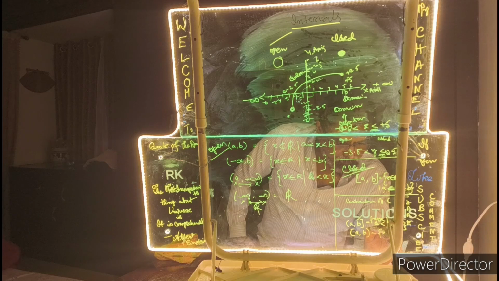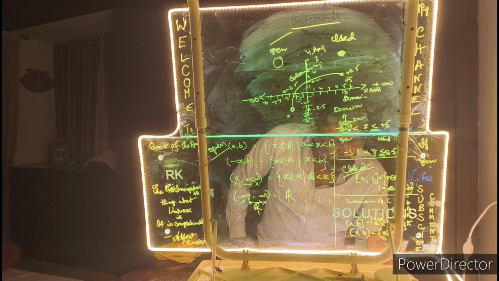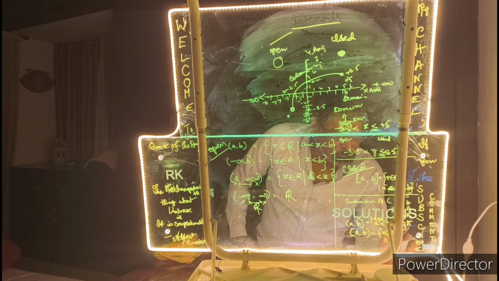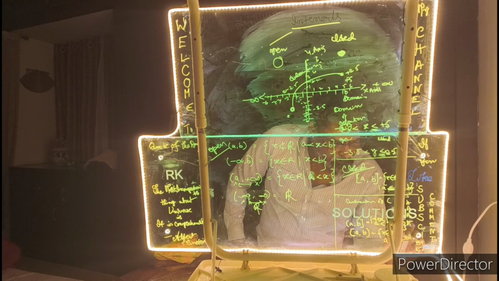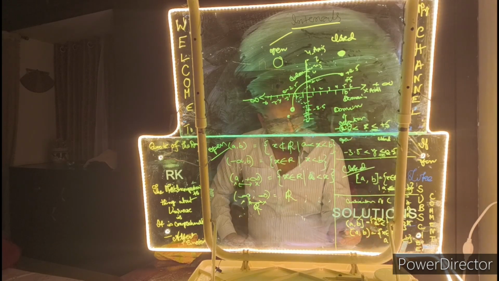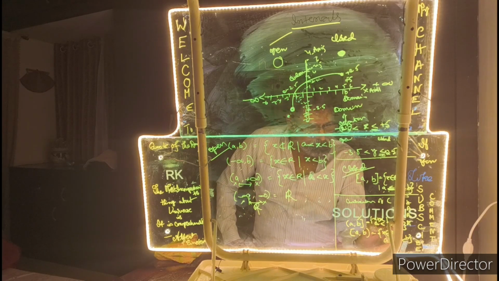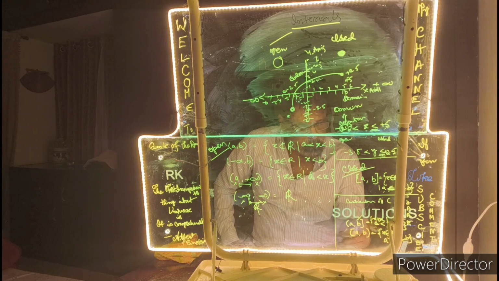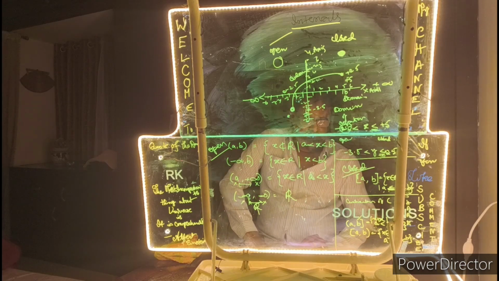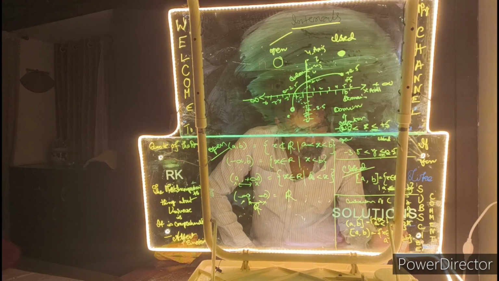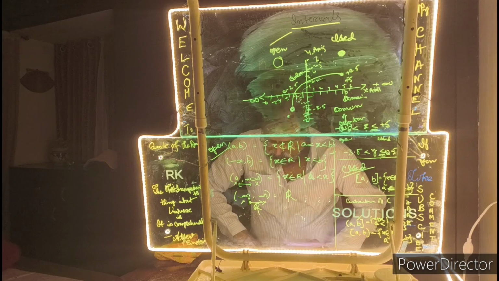That will be x belonging to R such that a is less than or equal to x less than b. Here, this is the closed one. In closed one, it can take value a also, right? But for b, it cannot because it's open.